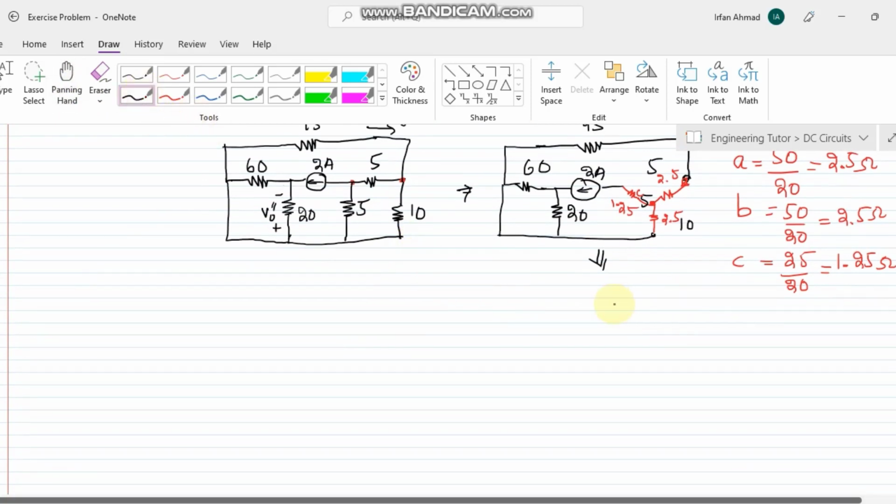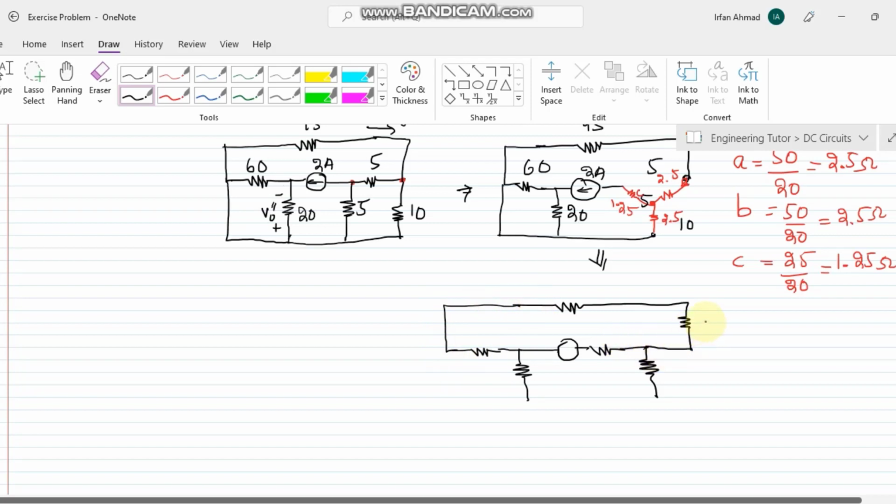So drawing it clearly, I can see here that this will be like this one.